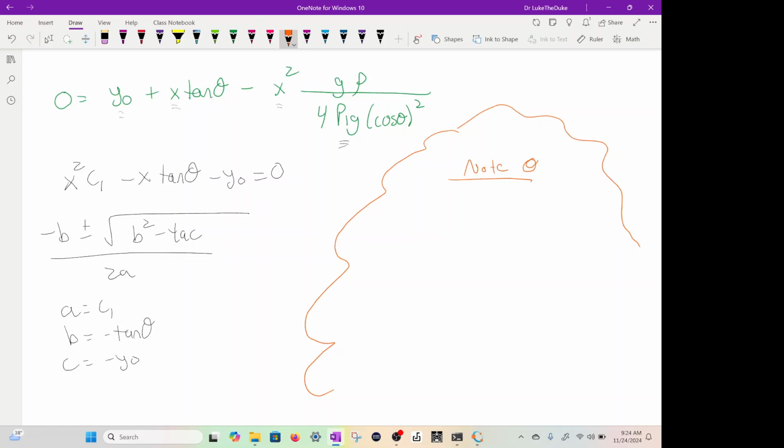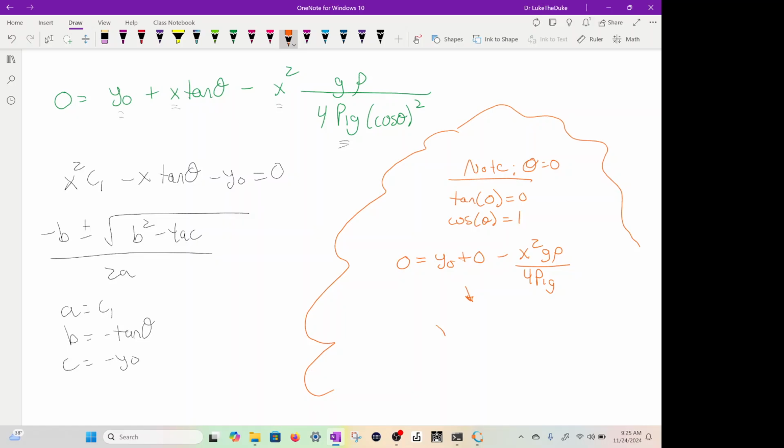Now, just a cool little note. Let's say theta equals 0. Well, this equation becomes a lot easier because the tan of 0 is 0 and cosine of 0 is 1. So you get 0 equals y naught plus 0 minus x squared g rho over 4p1 gauge.